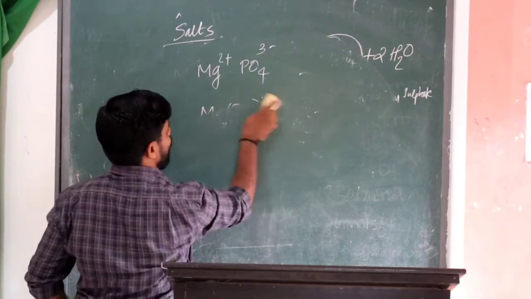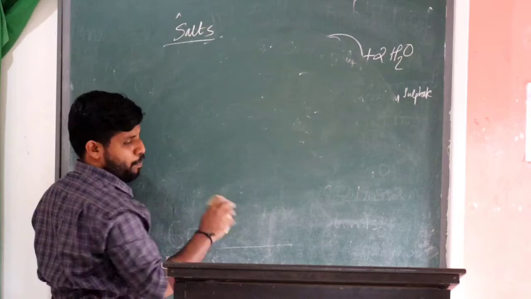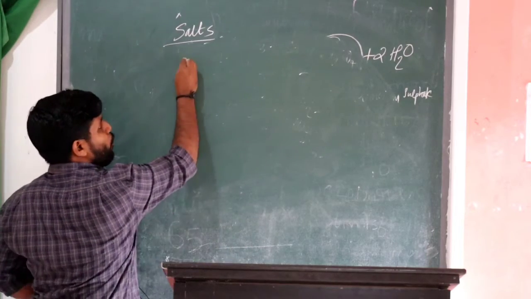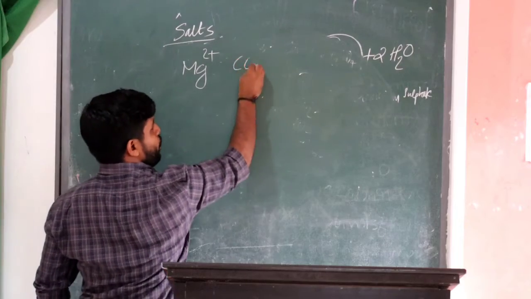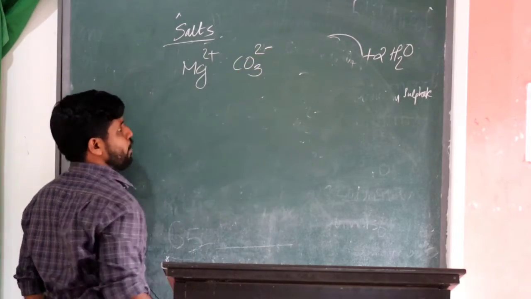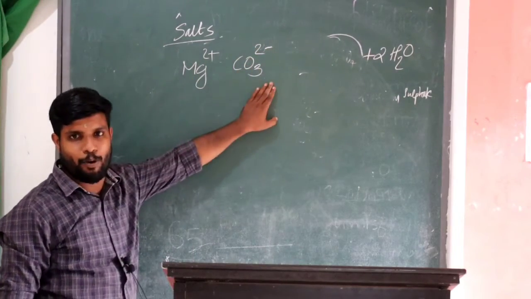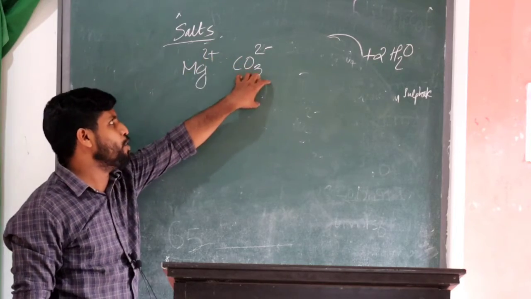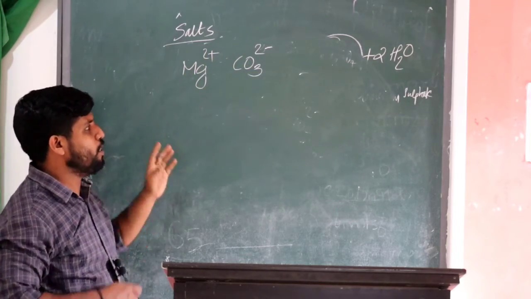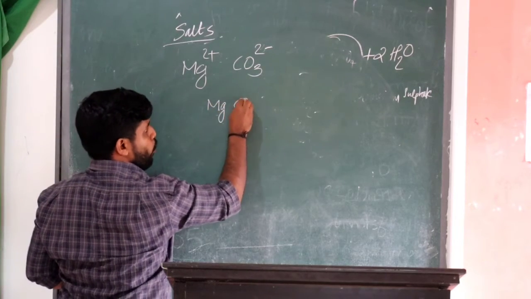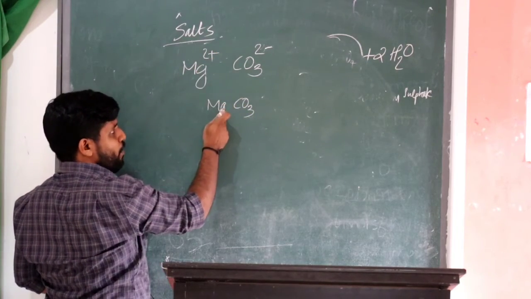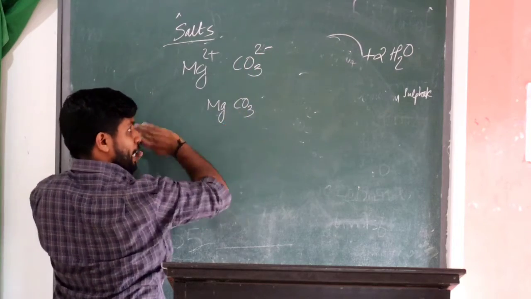Next one, magnesium carbonate. Magnesium is Mg2+, carbonate CO3 2-, so the magnesium and carbonate group. Then Mg and CO3, just interchange the values. First of all the symbols, Mg and CO3, the positive ion written first, the negative ion second, then interchange the values.